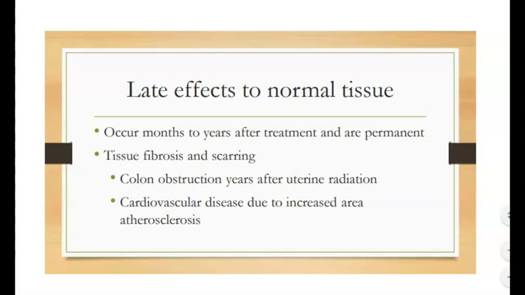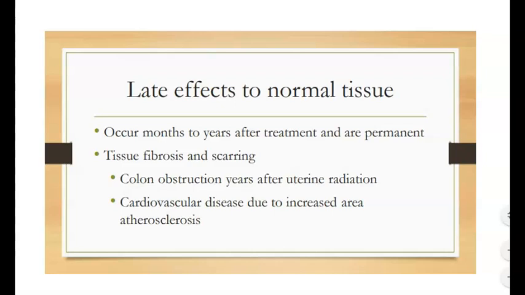As you can imagine, any insult repeatedly to certain tissue areas can cause scarring and fibrosis, so scar tissue. Say someone had radiation for uterine cancer. Remember I said if they're doing external beam radiation, surrounding structures can also be damaged. They've gotten better at pinpointing these beams of radiation, but it's not a perfect science and they still can cause damage to surrounding structures.